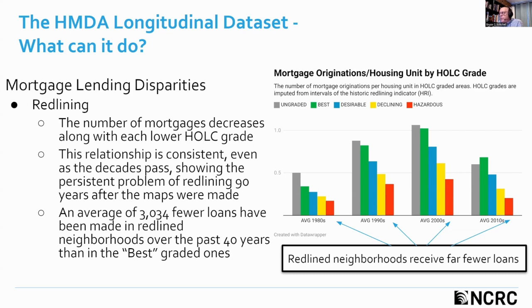You can see this stair-step or monotonic relationship in lending that's consistent over the decades, in which mortgage lending has decreased with each lower HOLC grade. The relationship's consistent even as the decades have passed, and shows a persistent problem of redlining even 90 years after the HOLC maps were made. In fact, on average, 3,034 fewer loans were made in redlined neighborhoods over the past 40 years than in the best graded neighborhoods.